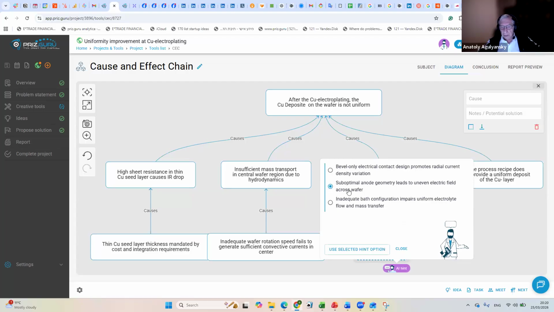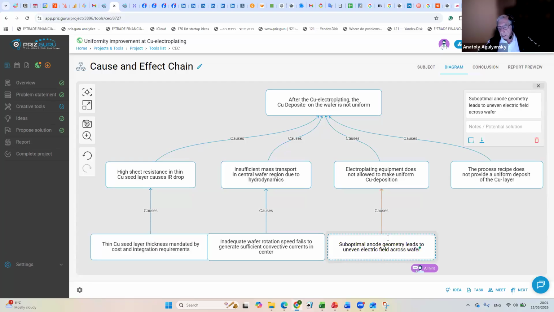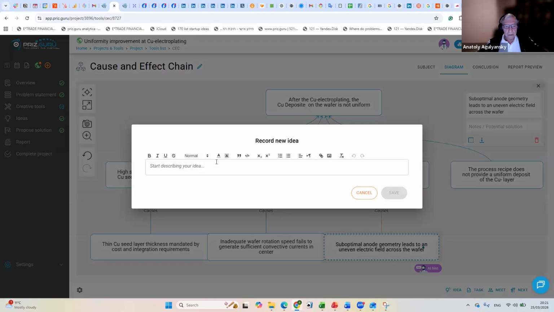Oh, very good idea. Something with the anode. By the way, why do we need such a big anode? An anode with the size of the wafer. Let's pick up the idea.